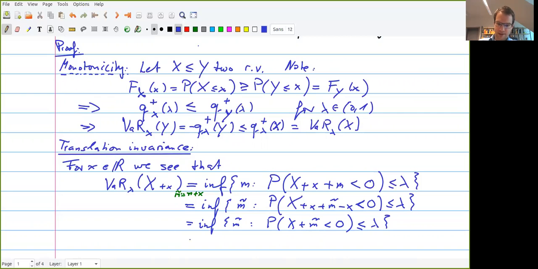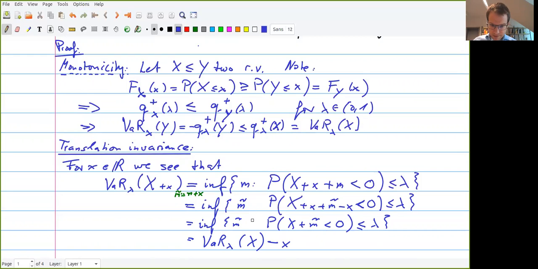Well, and this is nothing else than the VaR at level lambda of the random variable x minus x. Oh, sorry.